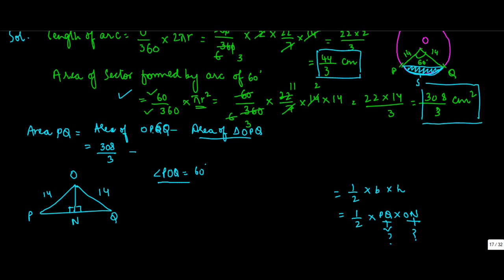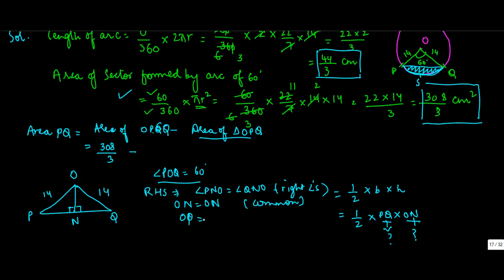Now can we prove that both these triangles are congruent? Let's use the RHS side for a right angle triangle. We know that angle PNO is equal to angle QNO, both are right angles. ON is equal to ON, common, and OP is equal to OQ, radii.